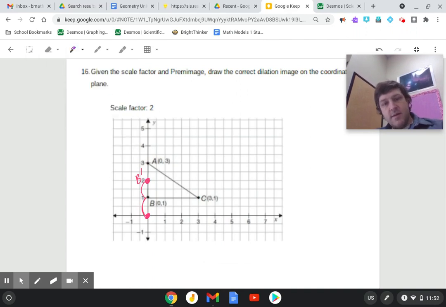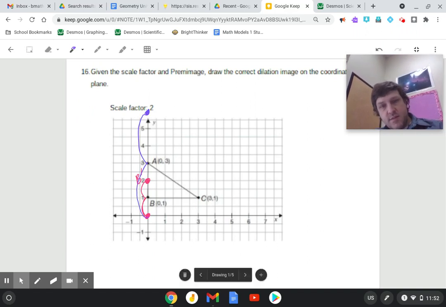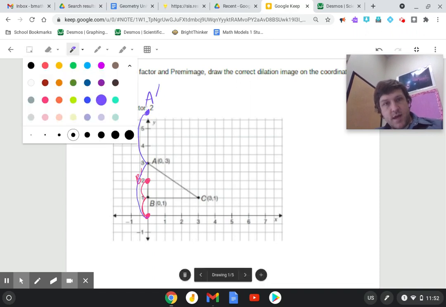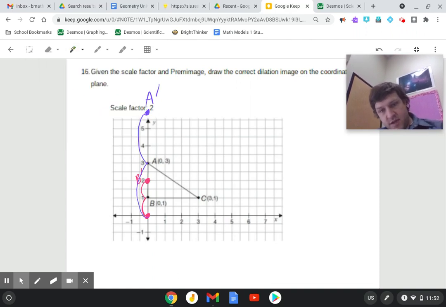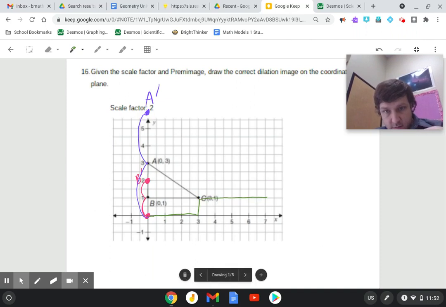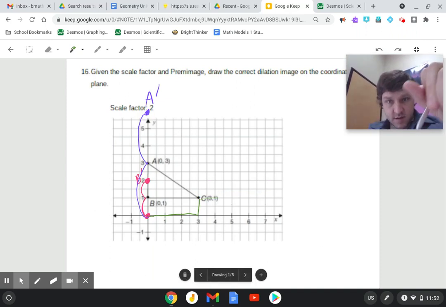Then we look at A. A is 3, so we go 3 more. Kind of gets us off the graph, but it's going to be up here at 6, and that's going to be A prime. And then we're going to have C, which is, you can see it's been over 3 up 1, so we go over 3 up 1 again. 1, 2, 3, I went too far.